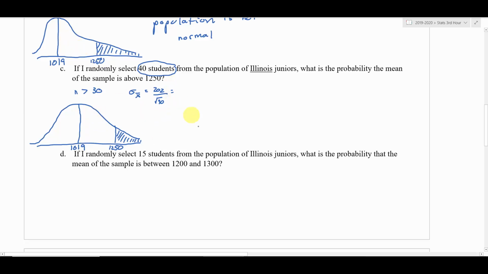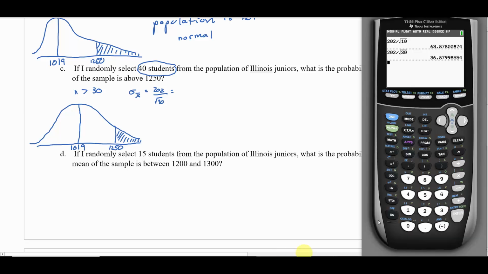So I'm going to calculate that real quick. I'm going to take 202 divided by the square root of 40. And we'll get our new standard deviation here. So we got 31.94.